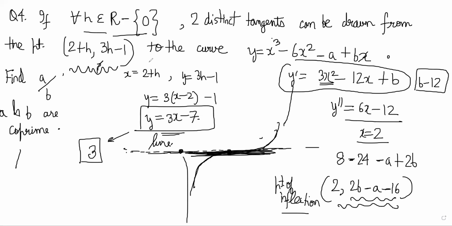So basically what I'm proposing is that the line cuts the curve at (2, minus 1), which is the inflection point of the curve.